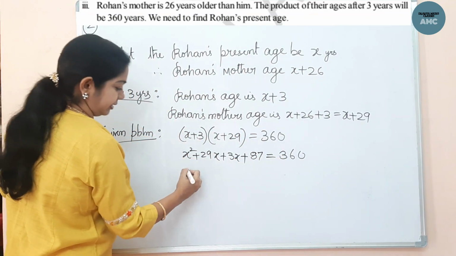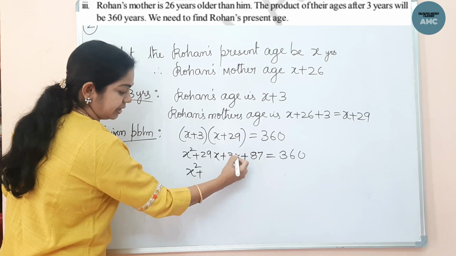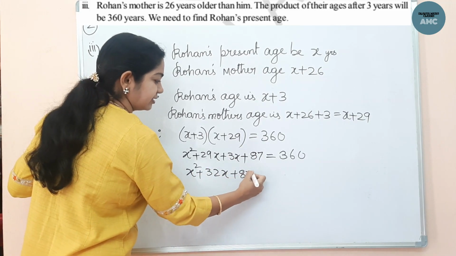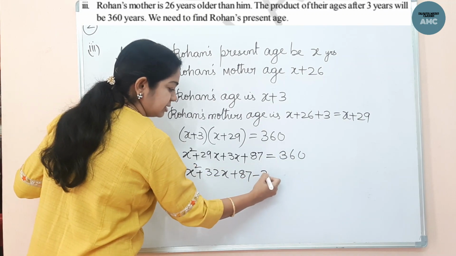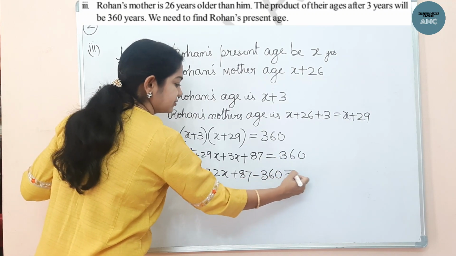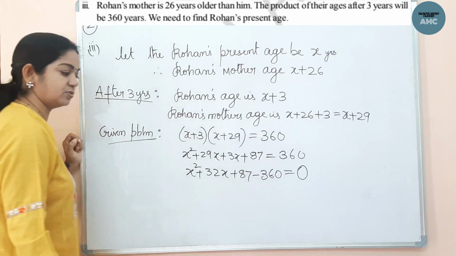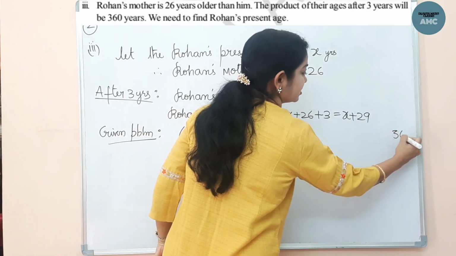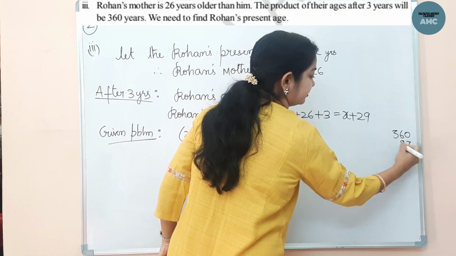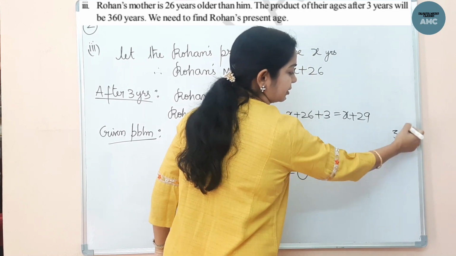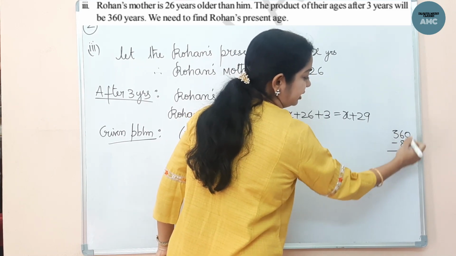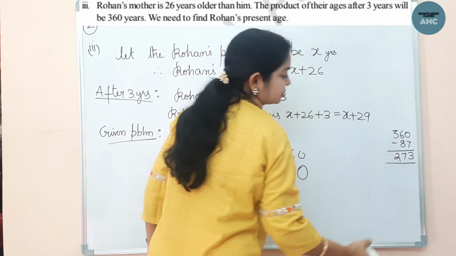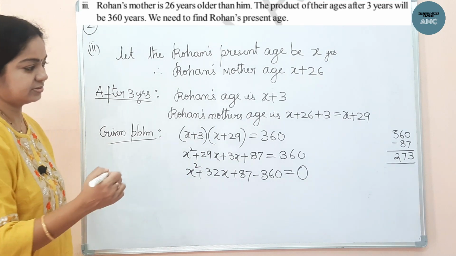Adding like terms, x square plus 29x plus 3x comes to 32x plus 87, and bring this 360 inside, so it becomes minus 360 equal to 0. Let us subtract 360 and 87. That comes to 273.